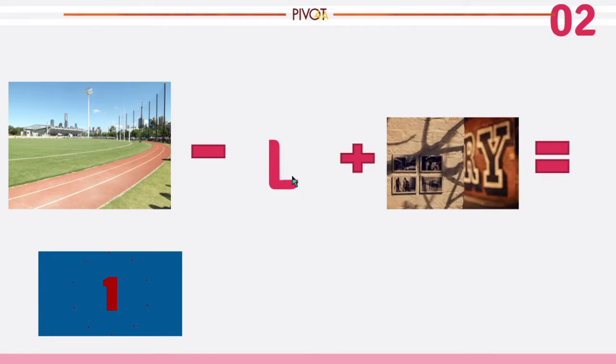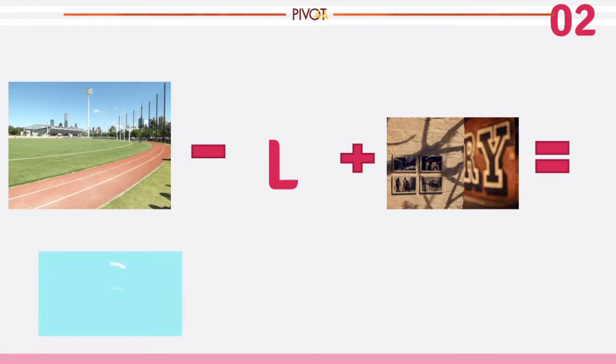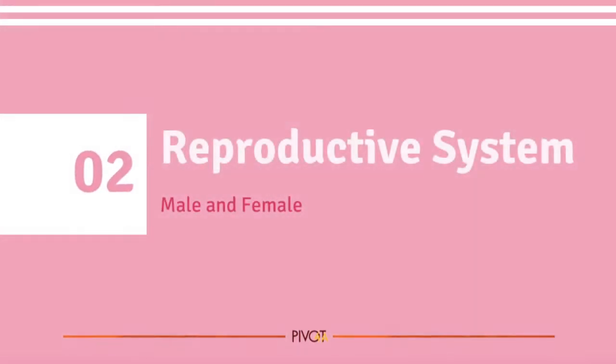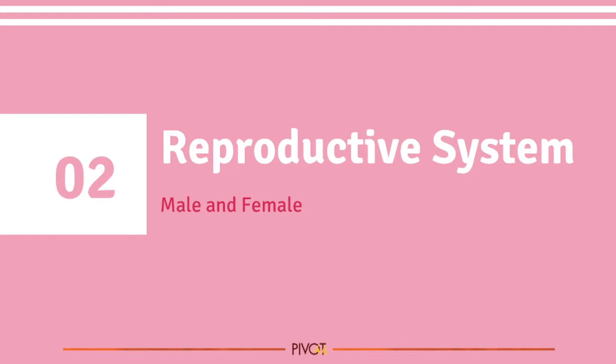So this is oval minus L is ova, and plus RY is ovary. Did you get it right? Very good. Now let's proceed to the reproductive system of male and female.